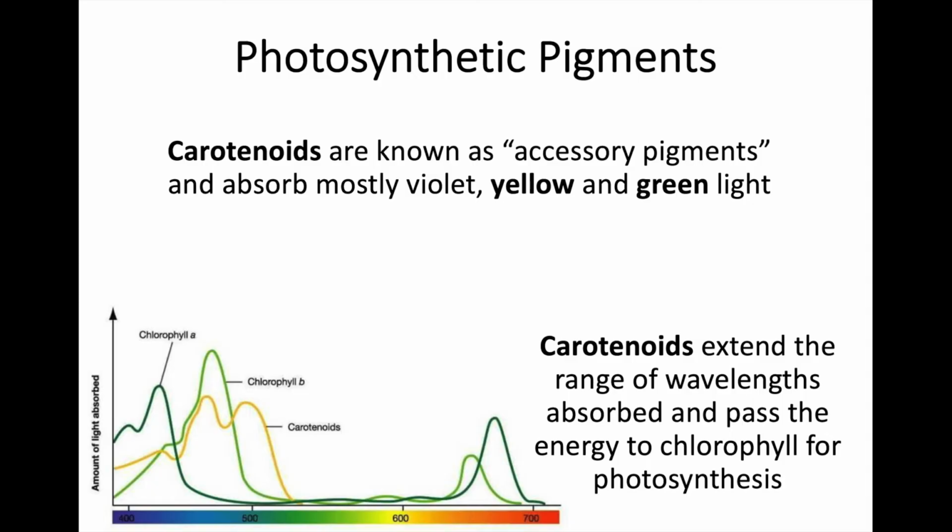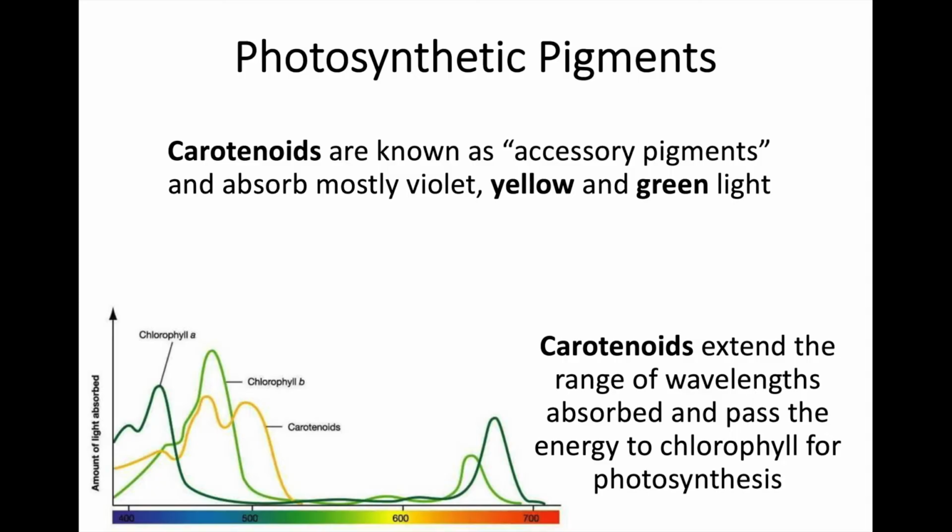However, these accessory pigments, the carotenoids that we're talking about, they take in another range of colours, some of which include green. So if you look now at this diagram at the bottom, you can see the carotenoid wavelength has also been added in, and that goes past where chlorophyll B effectively stopped absorbing and goes into this green area.